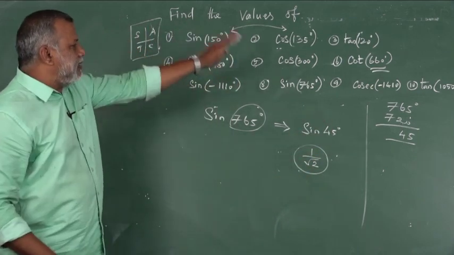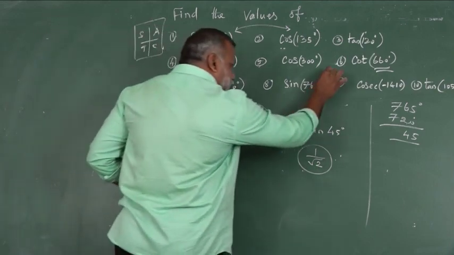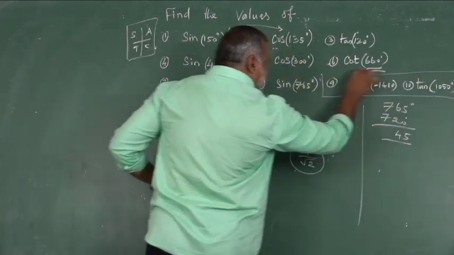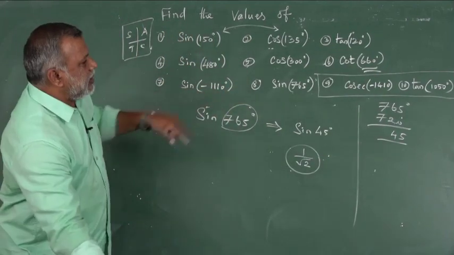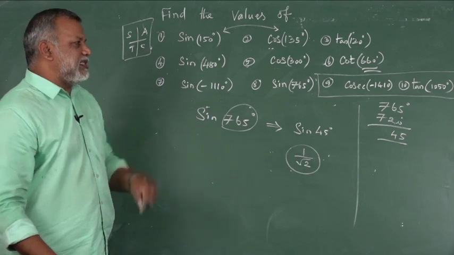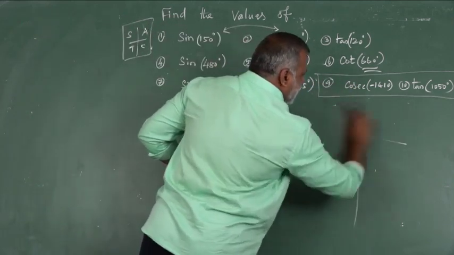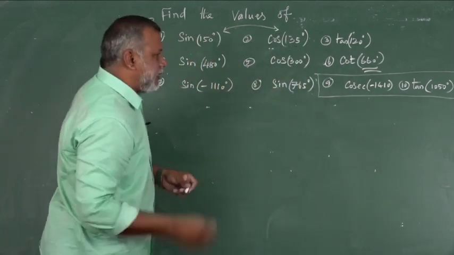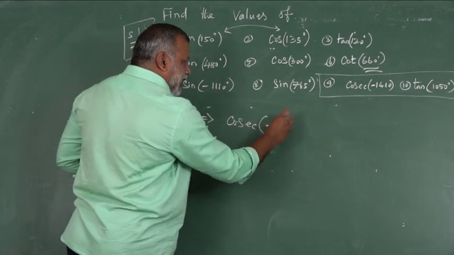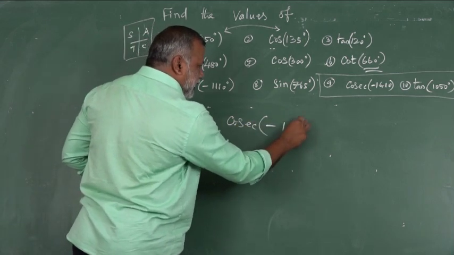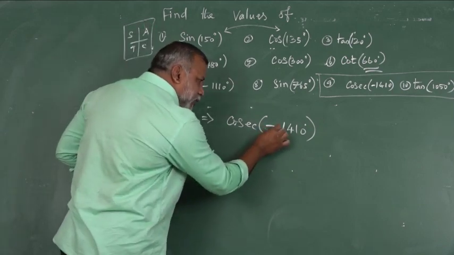Out of these 10 questions, I discussed 8. The remaining 2, listen students, try yourself. First, I can give the ideas. Cosecant of minus 1410. What is the first rule? Think about this negative.